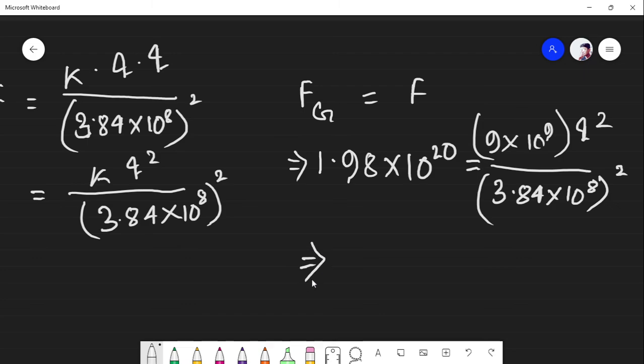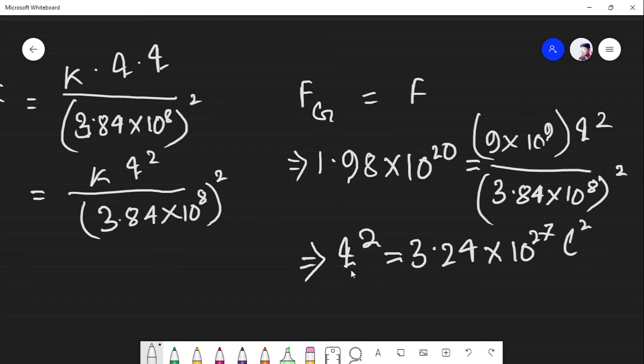And if we calculate this, the Q squared will be equal to 3.24 into 10 to the power 27 coulomb squared.